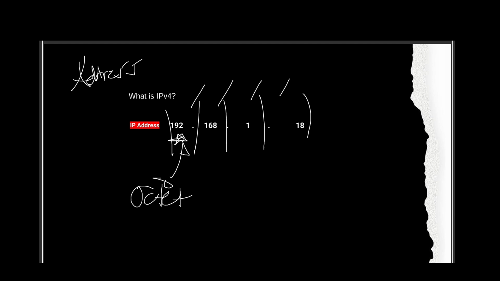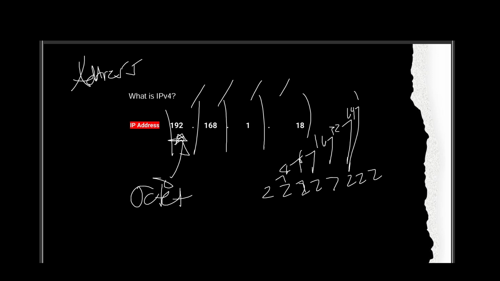It's an octet because if you raise 2 to the power of 1, 2, 3, 4, 5, 6, 7, 8: 2, 4, 8, 16, 32, 64, 128, and 256.